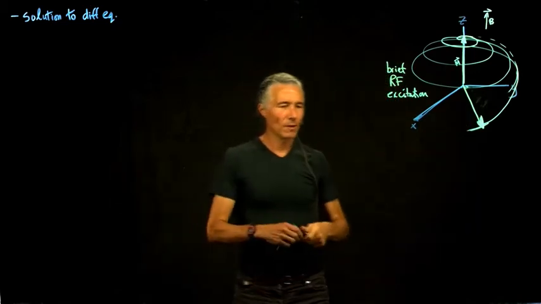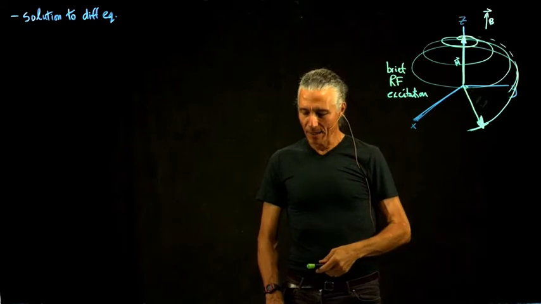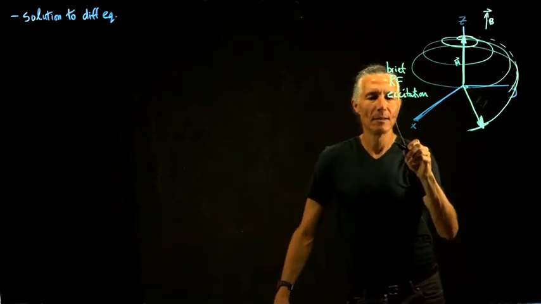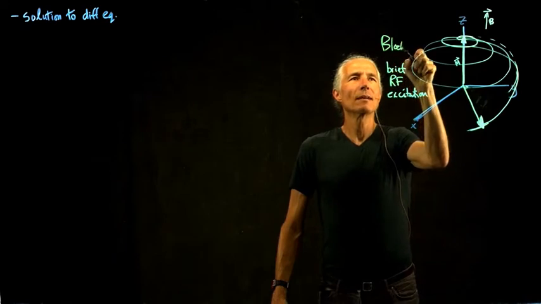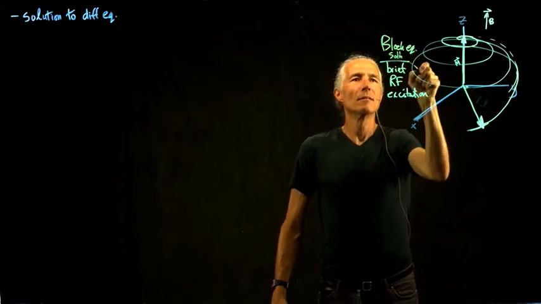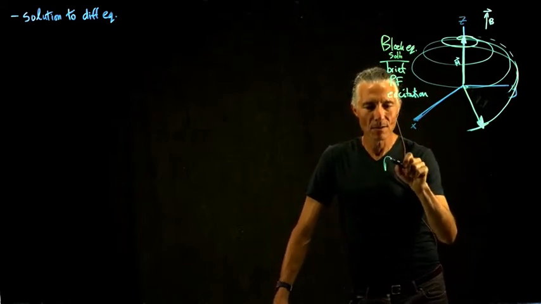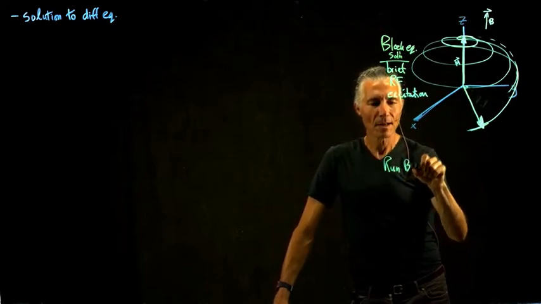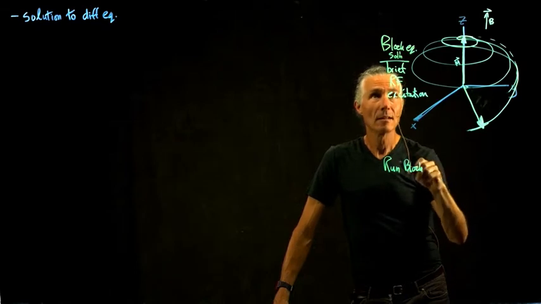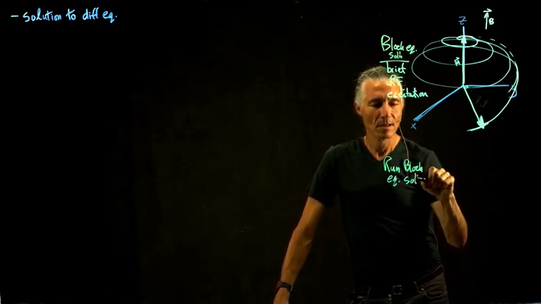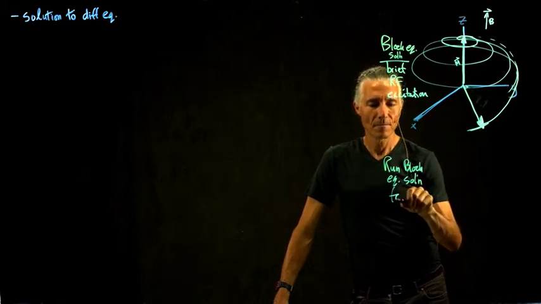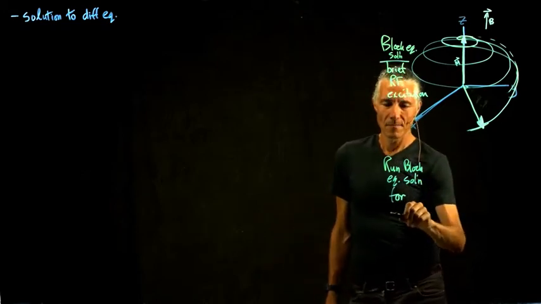So now what we want to do is run the Bloch equation for the relaxation part. So this is the Bloch equation solution for a brief excitation, and now we run the Bloch equation solution for relaxation.